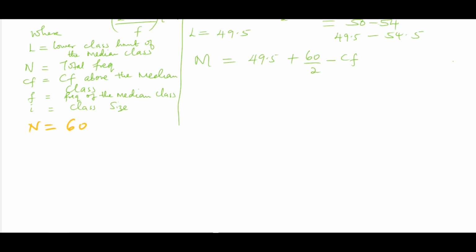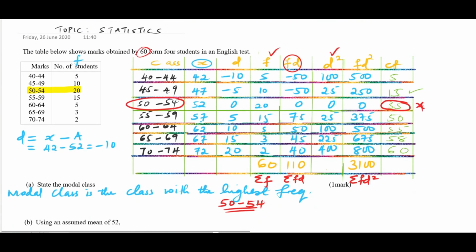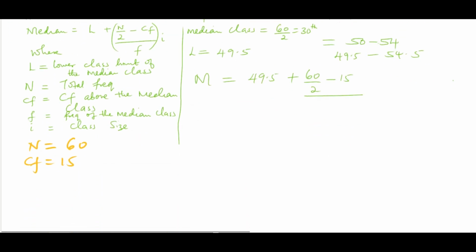This is divided by the frequency of the median class, which is 20. Everything is multiplied by the class size I. You can use 54.5 minus 49.5, which is 5. So the class size is 5.